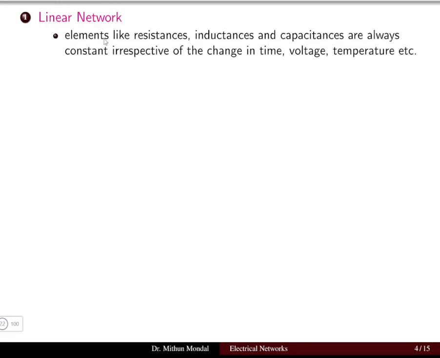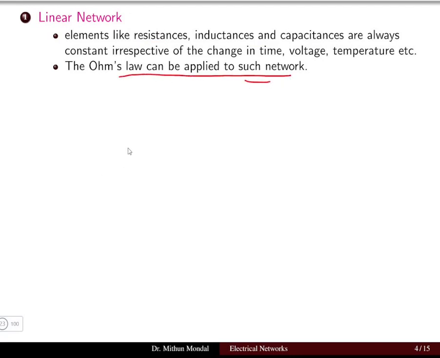So first, let us see what is a linear network. Any network which has elements like resistance, inductance and capacitance which are constant and do not change with time, voltage or temperature is known as a linear network. So a linear network will not change the values of its elements. Ohm's law can be applied to such a network.